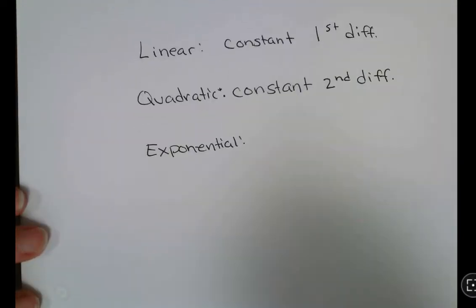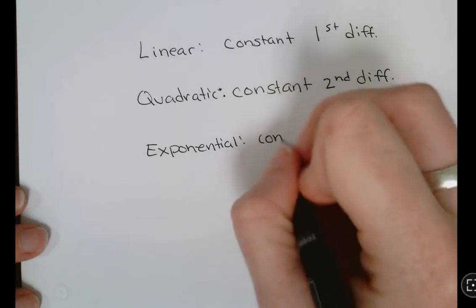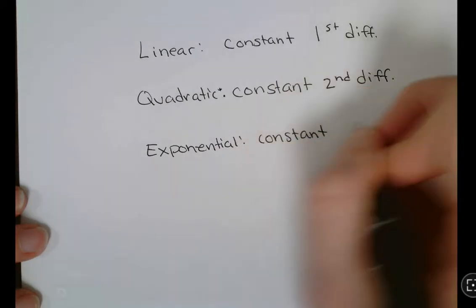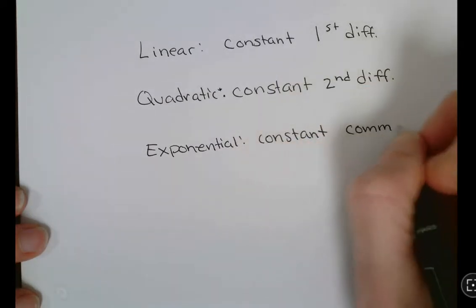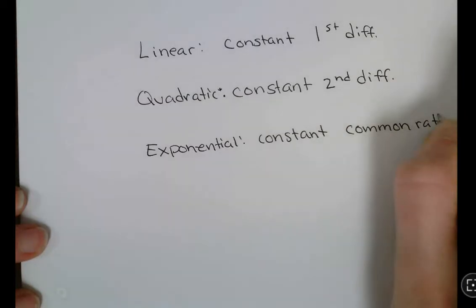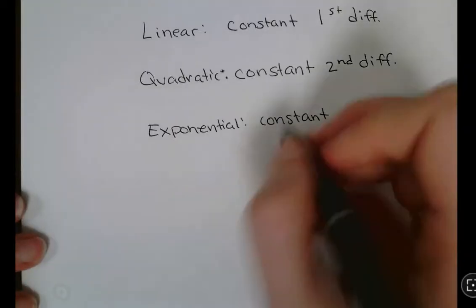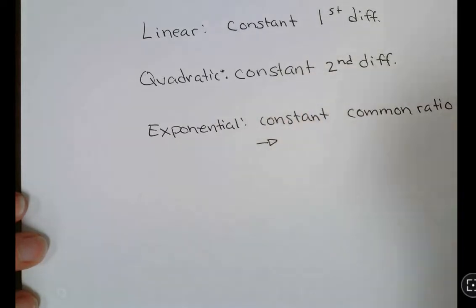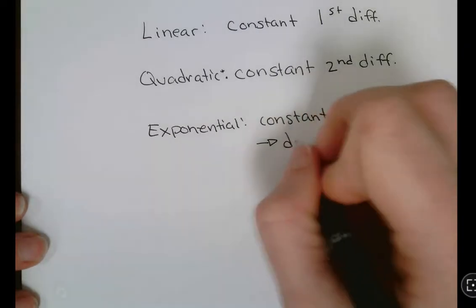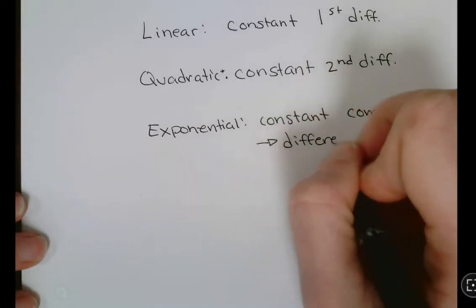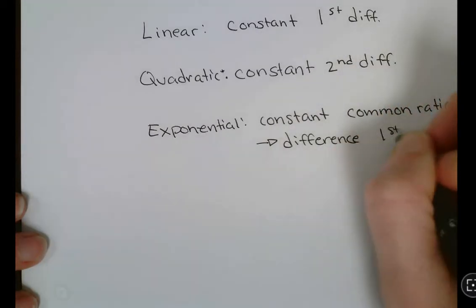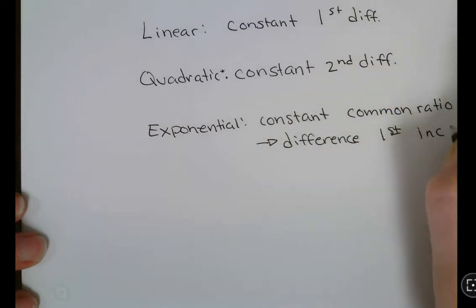Lastly, exponential. This one actually has a constant common ratio. But if it's real life data, that can sometimes be really hard to see. So what I like to look at is that difference in the first. Is it increasing?